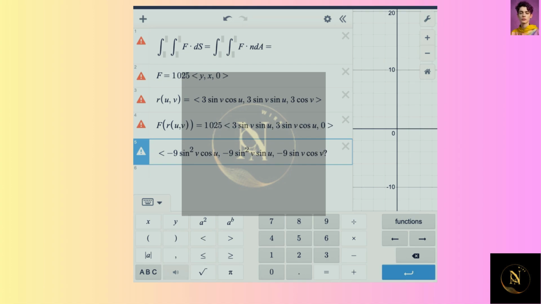So that would be our vector that we end up getting by taking the cross product. So as a result of that, our dS is going to be this dA, but the negative version of this dA. So we'll get rid of all the negative values, and we'll put a dA.